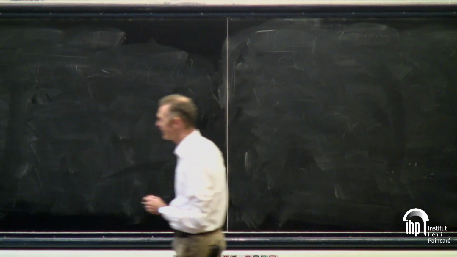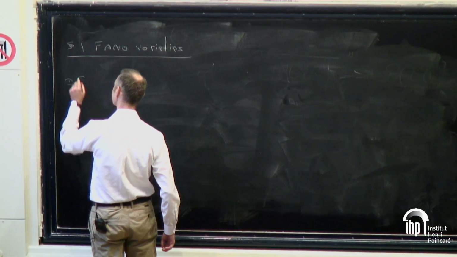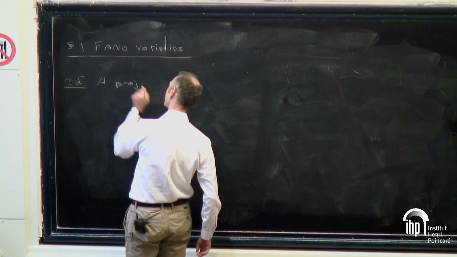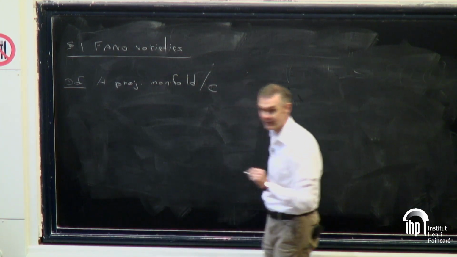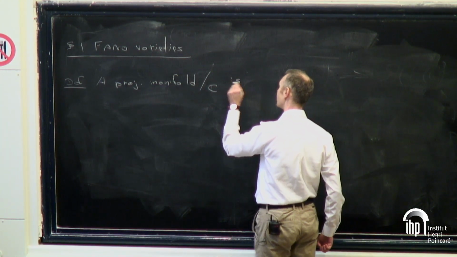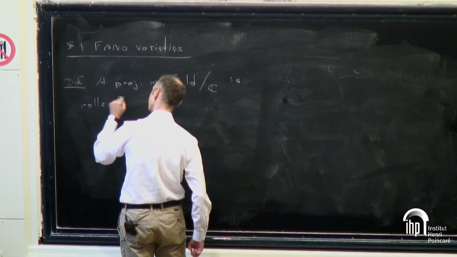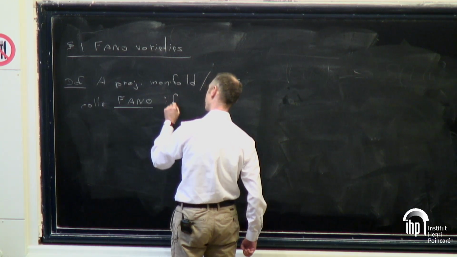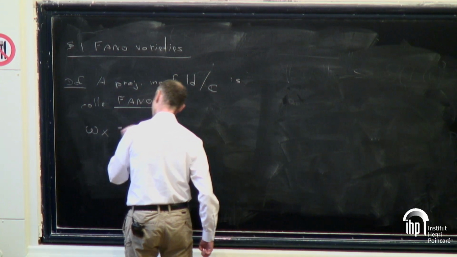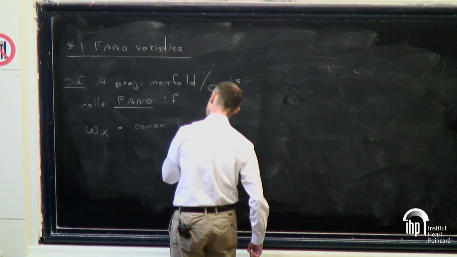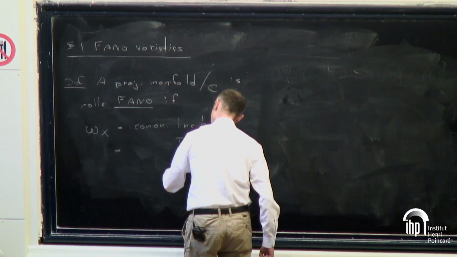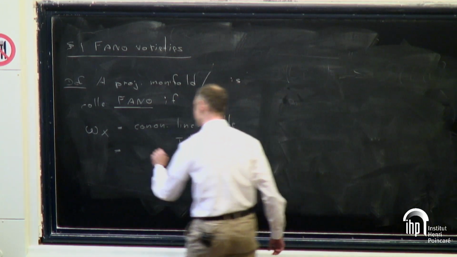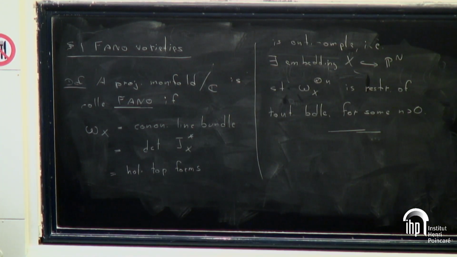I need to make this precise, and the correct definition is: a projective manifold, by the way, everything I'm going to say is over the complex numbers, is called Fano if the canonical line bundle, or if you wish, you take the cotangent bundle and then the determinant, is anti-ample. For curves, this is very well understood.